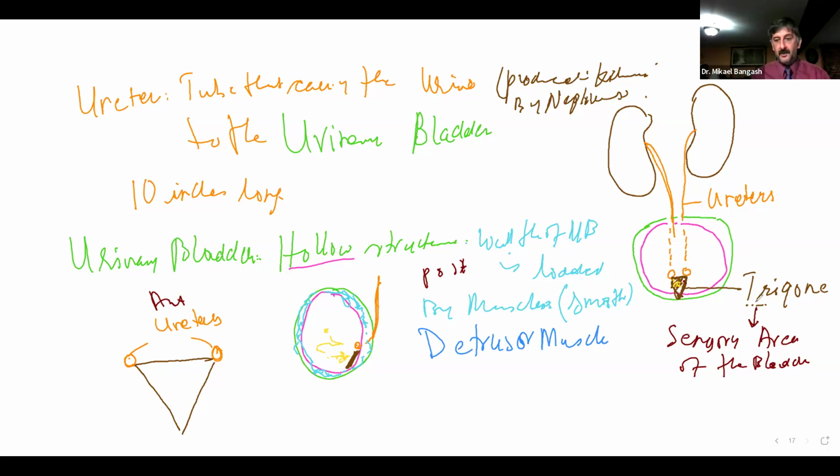So functionally, what is the trigone? It's a sensory area in the urinary bladder, which means it gets triggered by the presence of urine.